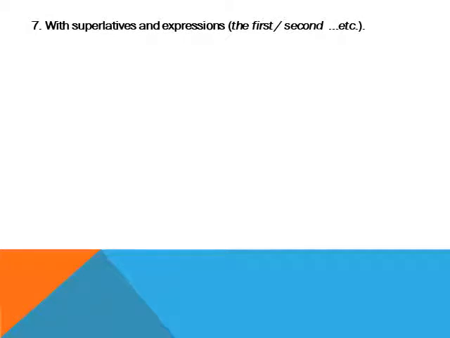And again, we use the present perfect with superlatives and some expressions like the first, the second, and so on. For example, this is the first time I have ever tried Chinese food. So with the expression the first time or second time or some superlatives, we use the present perfect.